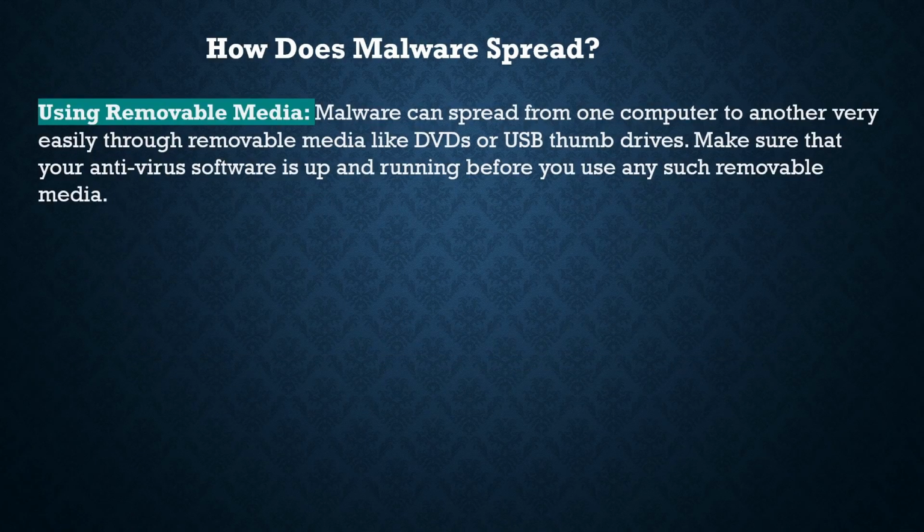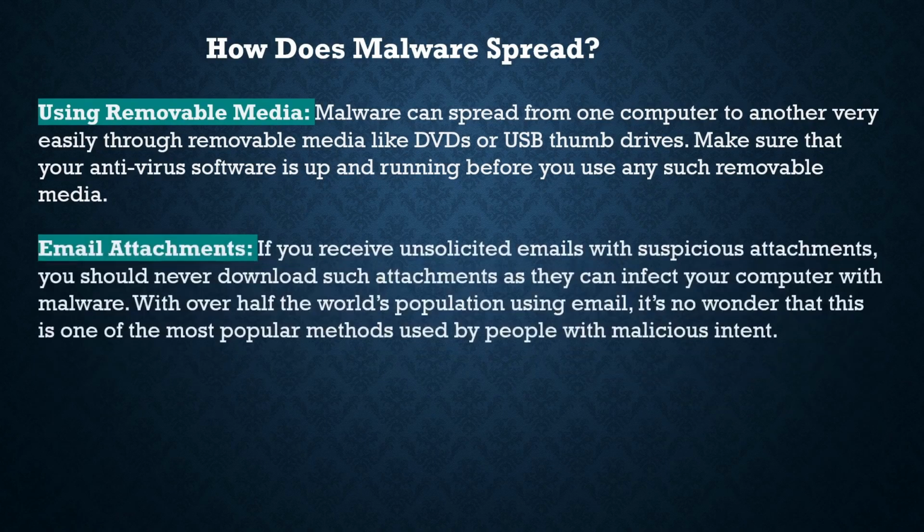Next is using removable media. Malware can spread from one computer to another very easily through removable media like DVDs or USB thumb drives. Make sure that your antivirus software is up and running before you use any such removable media. Email attachments: malware can spread through email attachments as well.